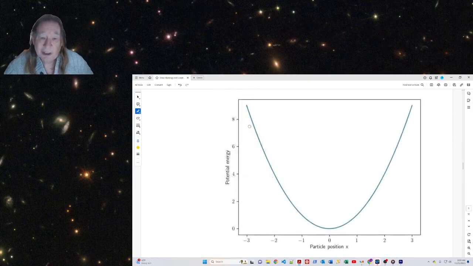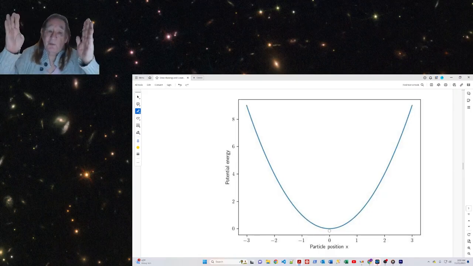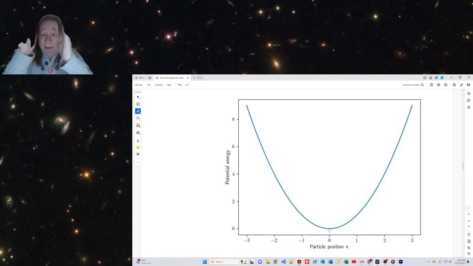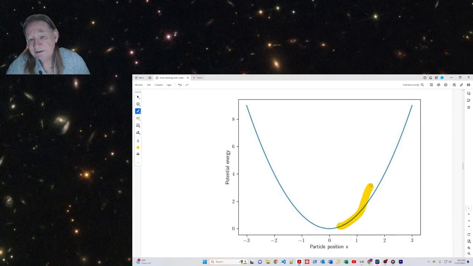Here's the potential energy. The slope of this curve is what's called the restoring force. It's the force that would tend to push the particle back towards the center. And as you can see, the slope increases as you move away from the center.